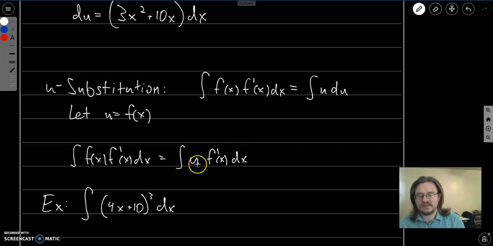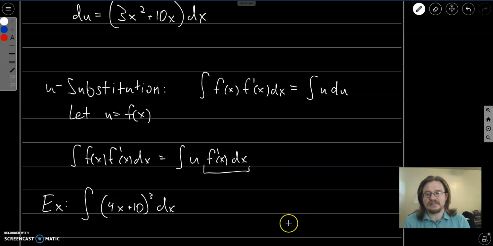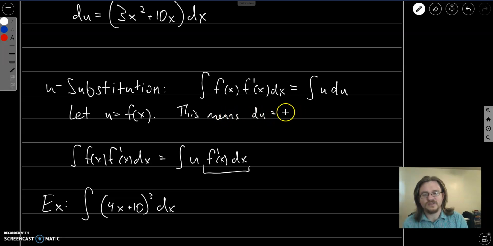But I don't want to take the integral of something with a u in it with respect to x. This part at the back, I don't want to have any x's left. Well, if u is equal to f of x, this means du is going to be our differential, the derivative of f times dx.